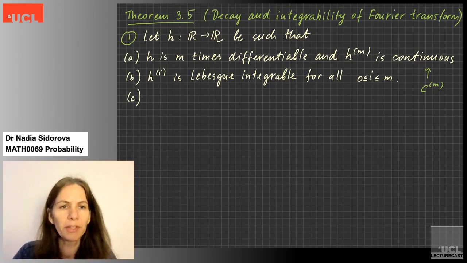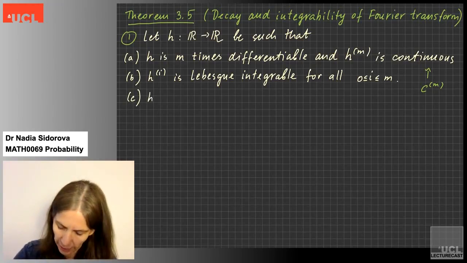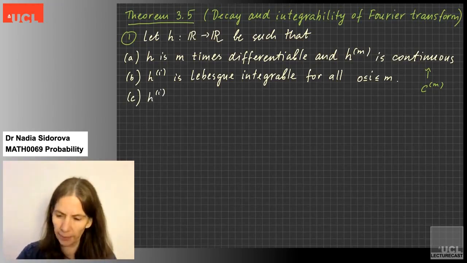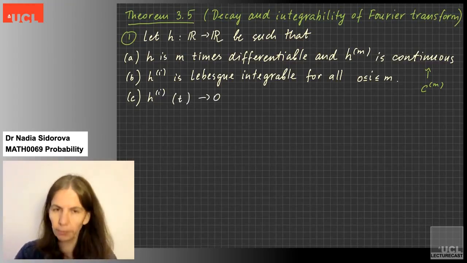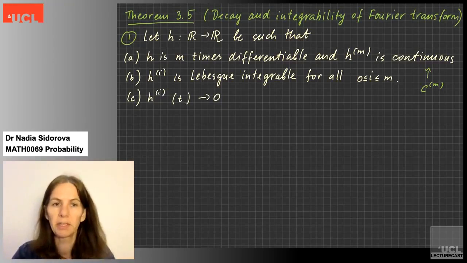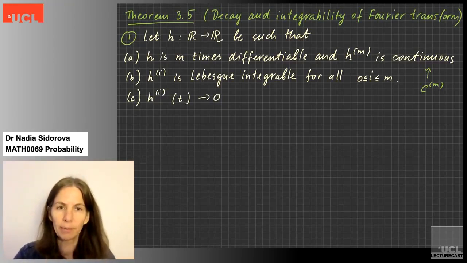And last assumption is I want all the derivatives, including my original function, so again I'm writing h^(i), to have the property that it tends to 0 at the ends, so when t tends to plus and minus infinity.